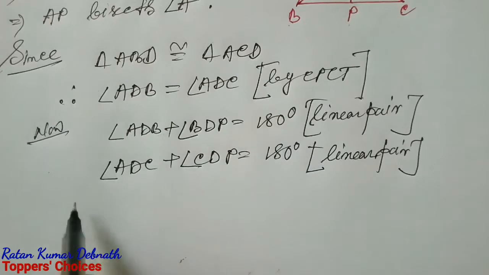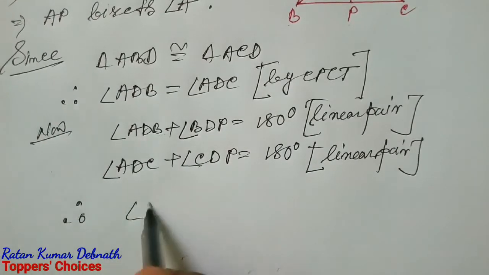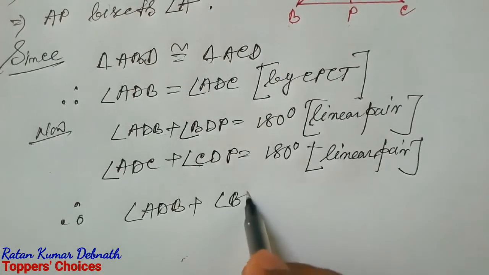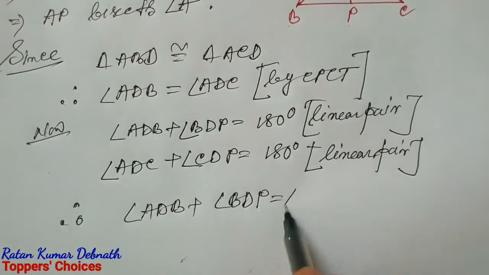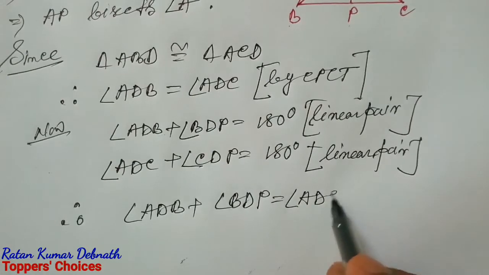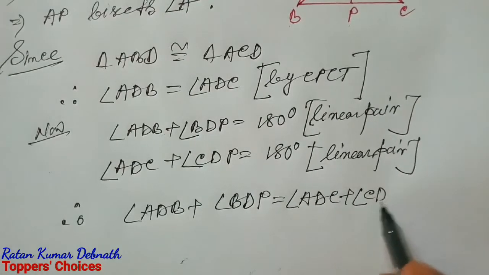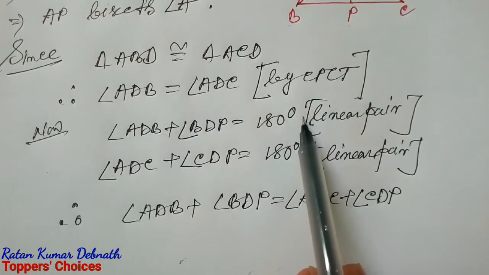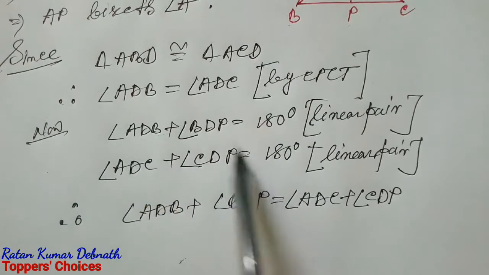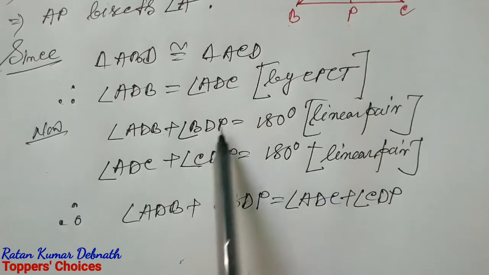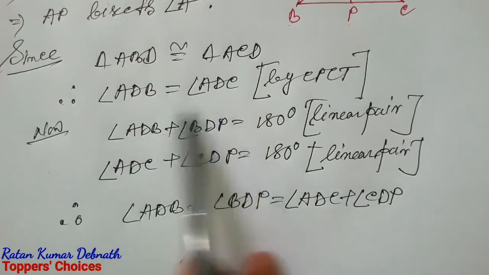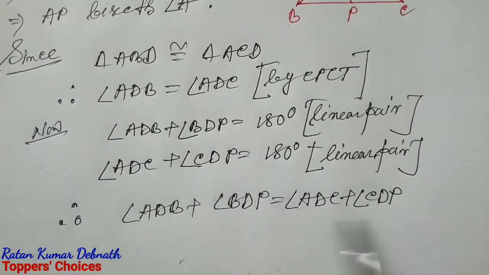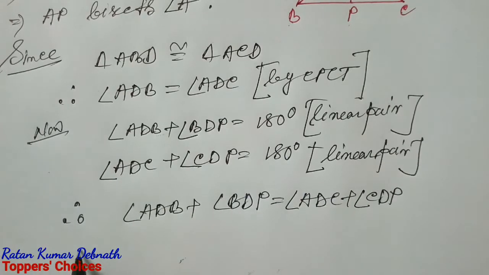From these two relations we can say angle ADB plus angle BDP equals angle ADC plus angle CDP. Sum of these two angles equals 180 degrees and sum of these two angles equals 180 degrees. Therefore, sum of these two angles must be equal to sum of these two angles.